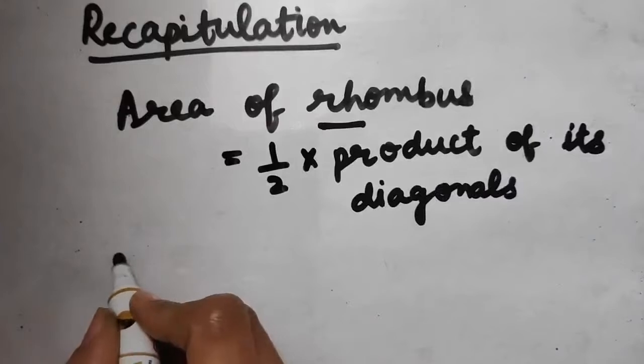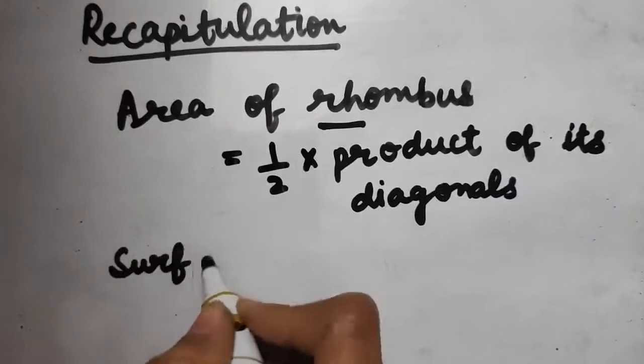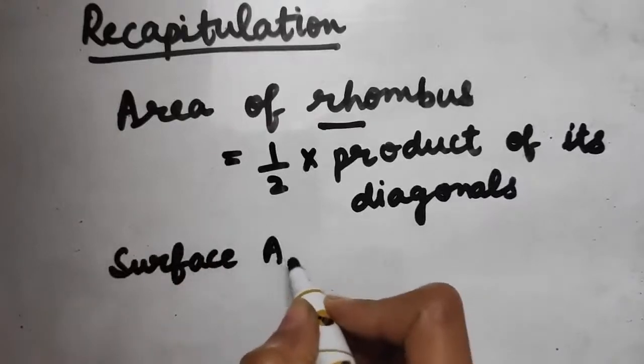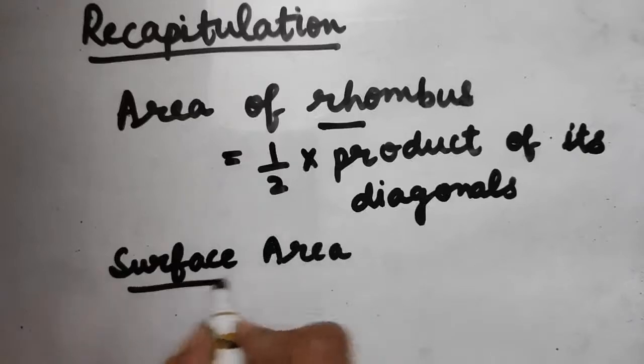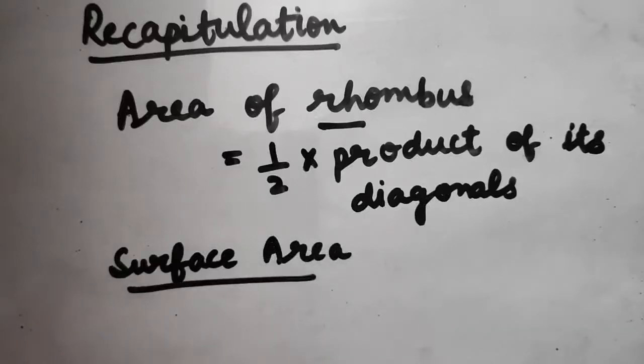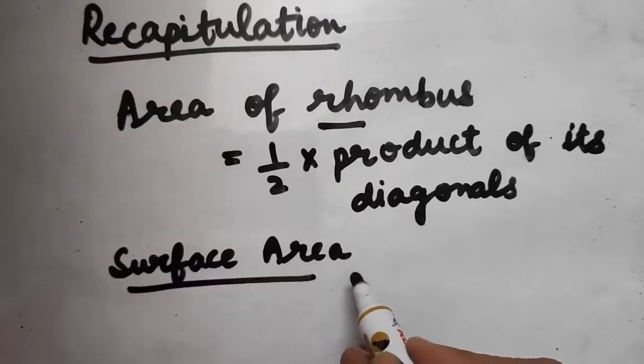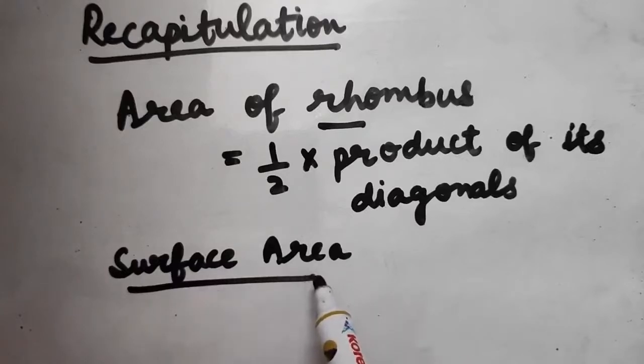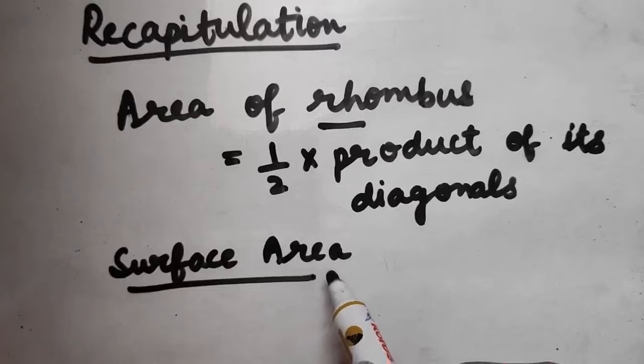Then we have discussed the concept of surface area. Basically, surface area means the total surface area of any figure. Specifically, in this class 8, we are supposed to deal with the surface areas of cube, cuboid and cylinder.